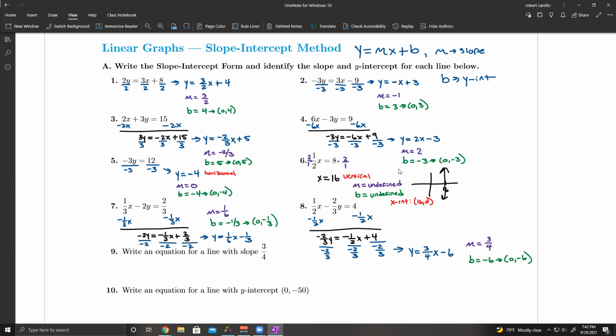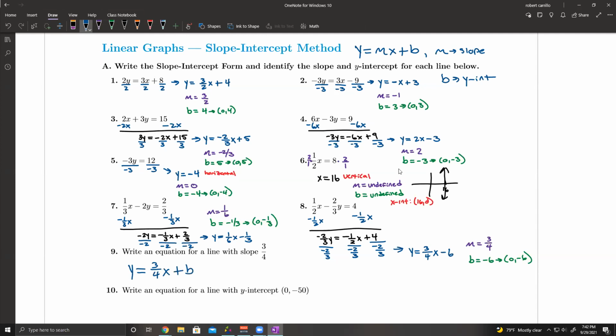So all this question is saying is take 3/4 and plug it in for which part of our y equals mx plus b, m or b? M. So we would just have y equals 3/4 x plus b.